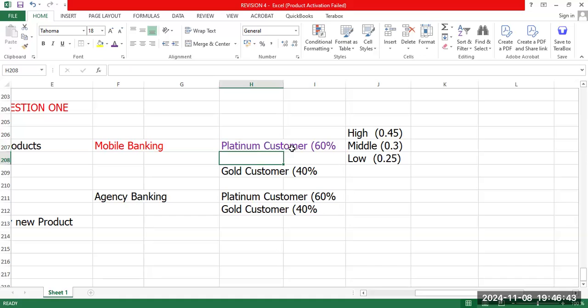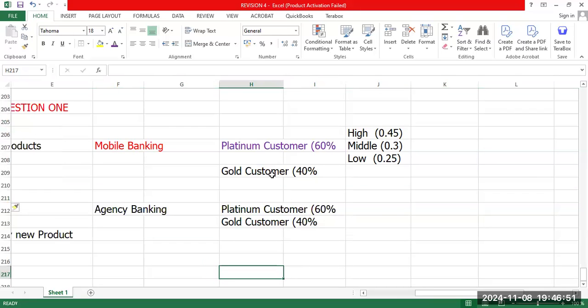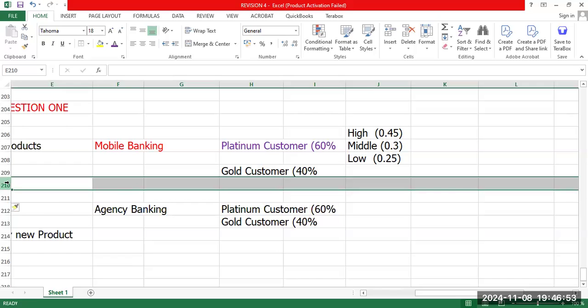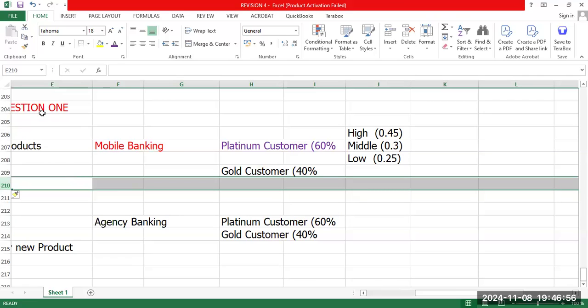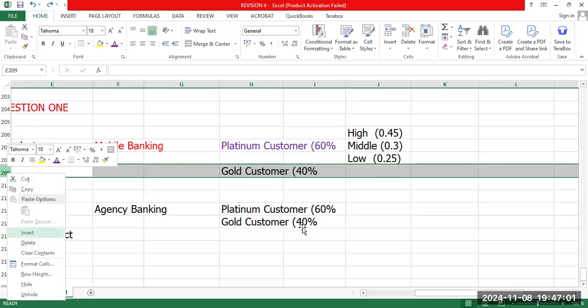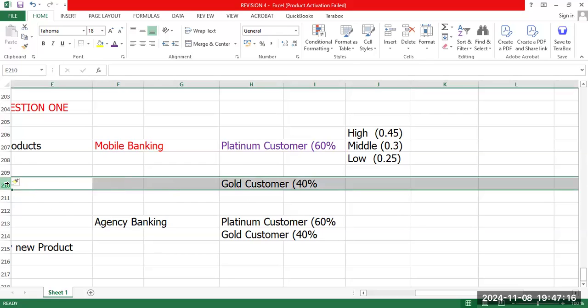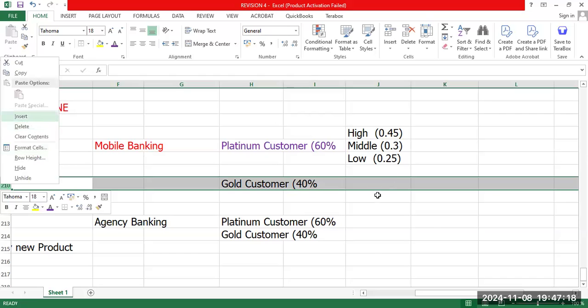Now we are done with platinum. We'll go to gold. Still, I expect these are my customers, but they have different income levels.